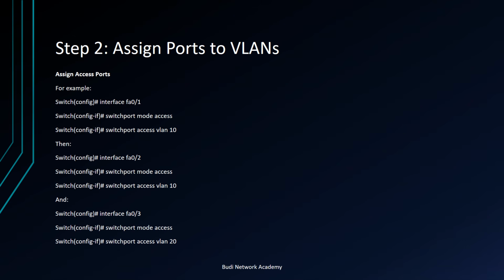Now that our VLANs exist, we need to tell the switch which ports belong to each VLAN. PCA is connected to FastEthernet 0/1, so we will assign that port to VLAN 10. PCB is connected to FastEthernet 0/2, and we will also assign that port to VLAN 10.